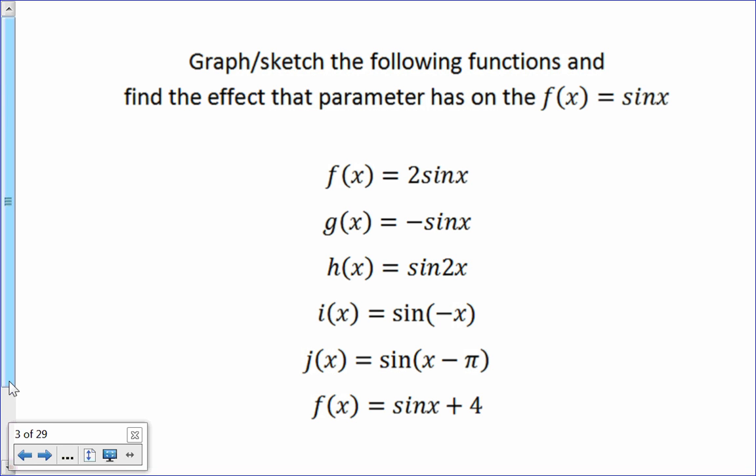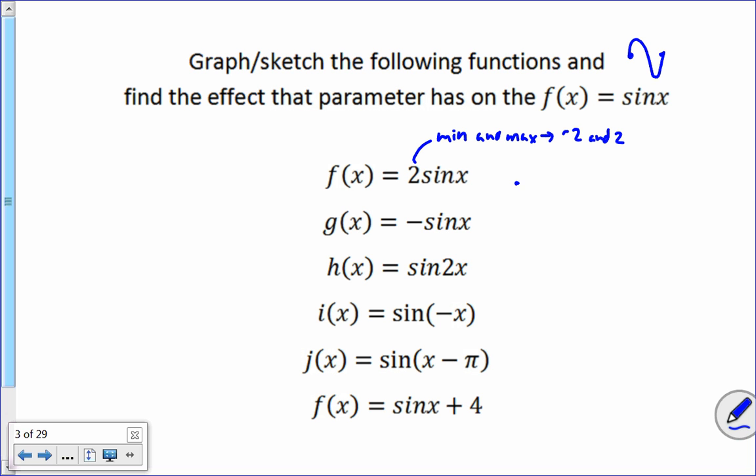If I give you this, for example, to practice, what you have to keep in mind is your sine is usually like this. This is your regular sine. If I want you to do 2 sine of x, what do you think is going to happen? This is going to change the minimum and maximum. It's going to be at -2 and 2.